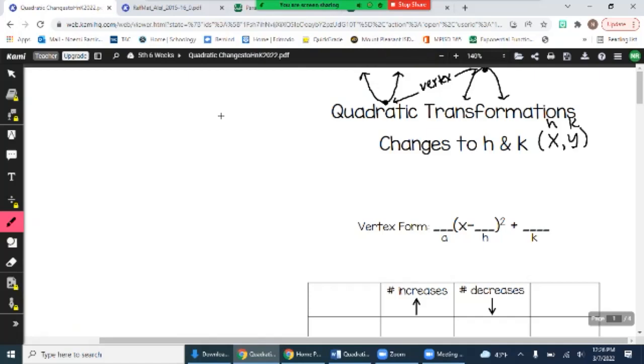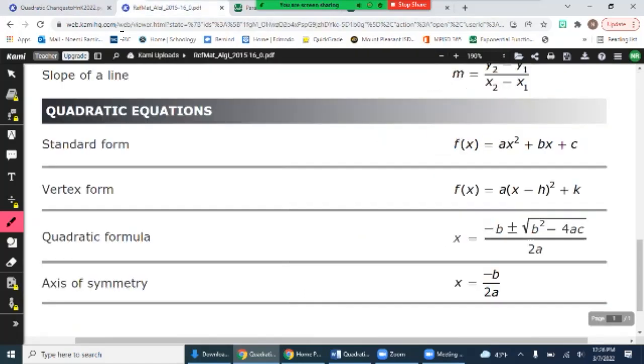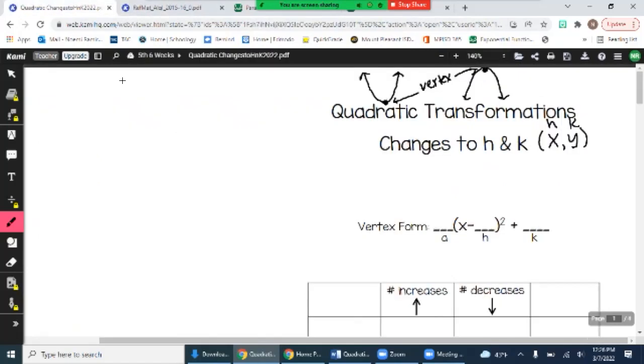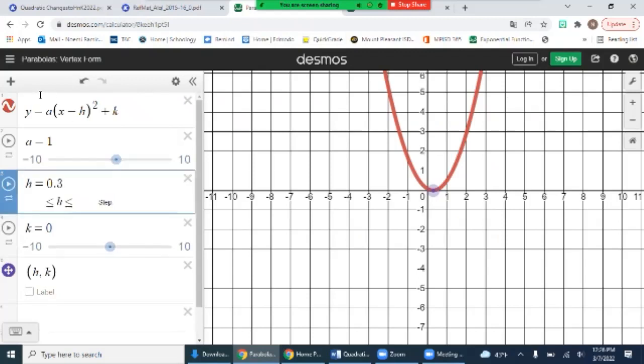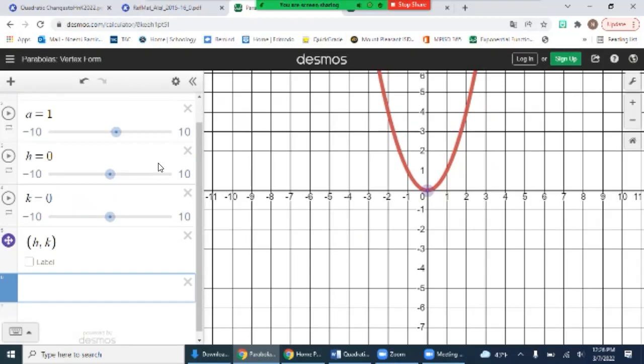Now, A is still part of the vertex form, but we had seen A before. We saw A when we were looking at the changes in standard form. A for the parent function is what kind of number? What is the value of A for the parent function on this graph?